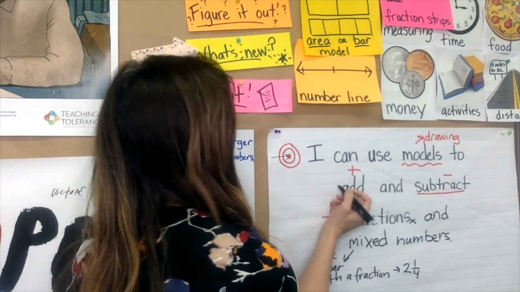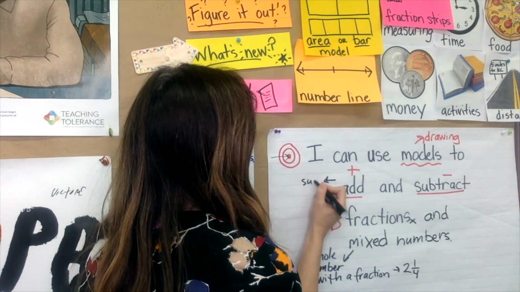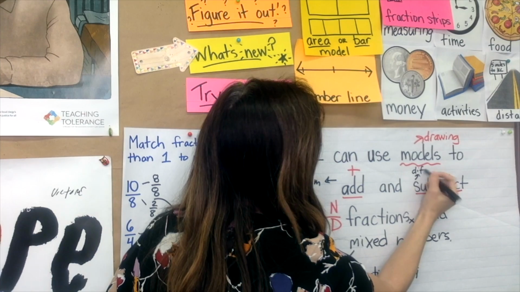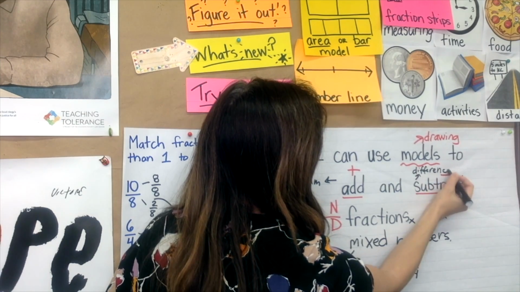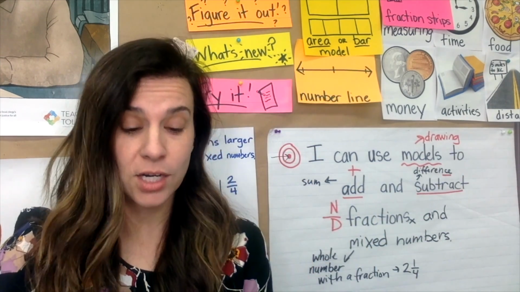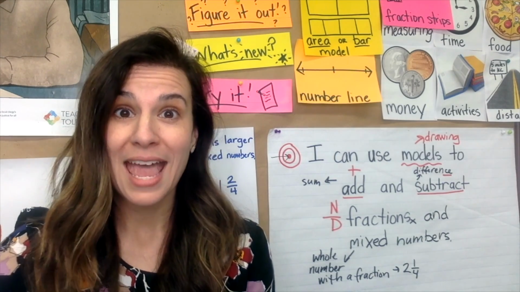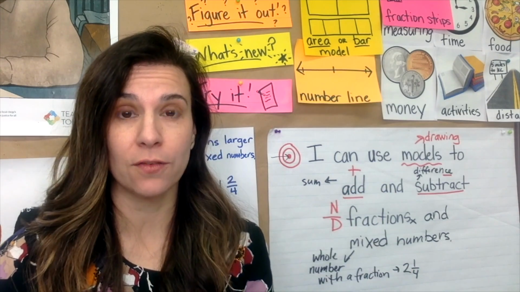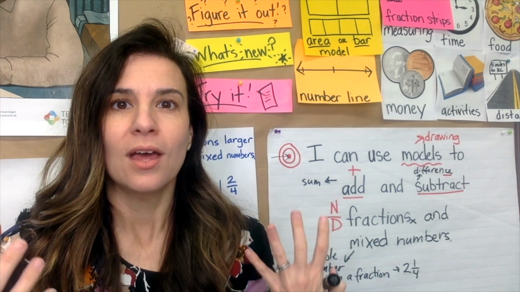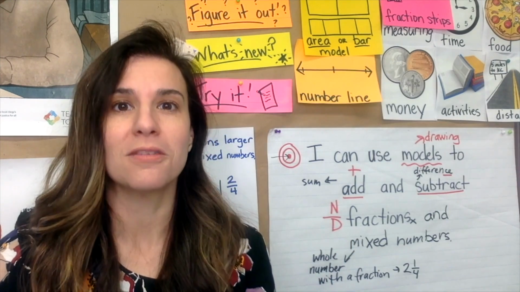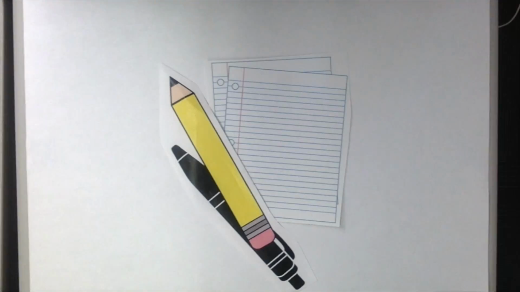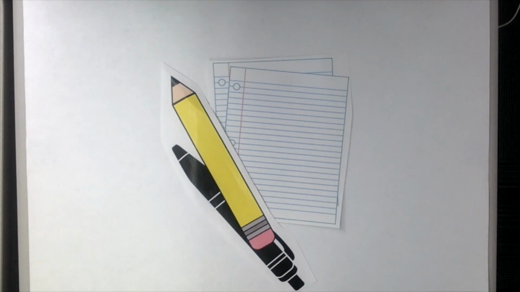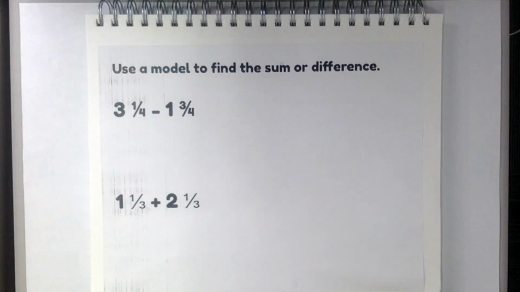When we're adding, we're finding the sum, and when we're subtracting, we're finding the difference. So today, when we're practicing our what's new bare number problems and our word problems, we're gonna think about how we can use the same learning target from last week to continue using it in a different way with mixed numbers. Let's go. All right, mathematicians, get your paper, pen, pencil, and let's get ready to go.